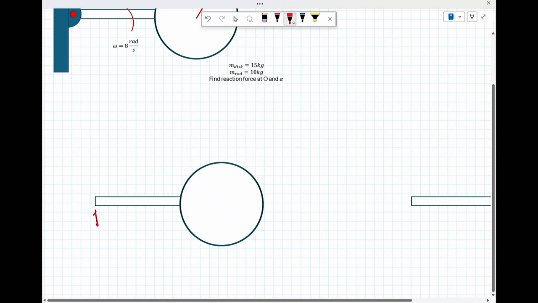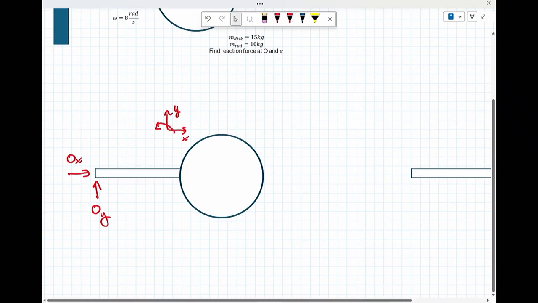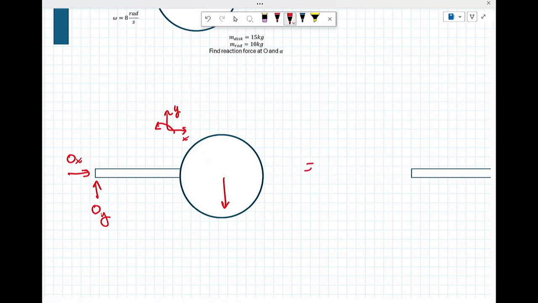So I have Oy, Ox, and I'm going to have to flip things around. And I have G of the disk and G of the rod.